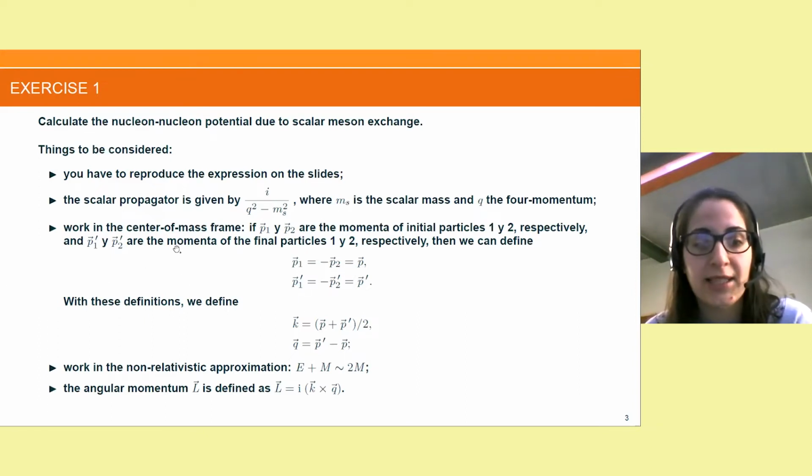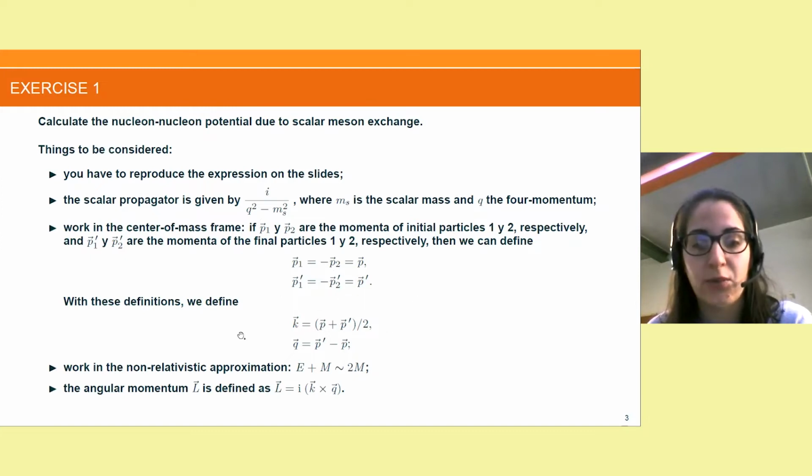And it also tells us that we have to work in the center of mass frame. That is, if P1 and P2 are the momenta of the initial particles 1 and 2, respectively, and P1 prime and P2 prime are the final momenta of these particles, then we have that the initial P1 is minus P2, that we will call P, and P1 prime is minus P2 prime, which we will call P prime.